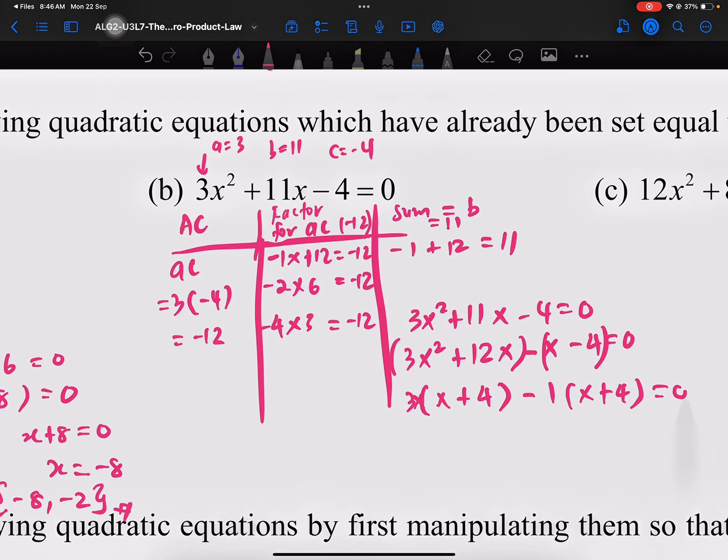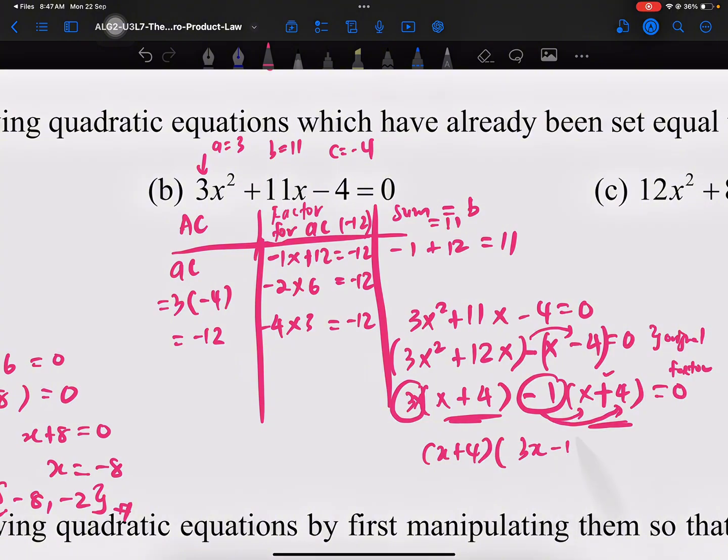Why this plus? Because I need to keep the original sign as minus. So if I take out minus 1 multiplied by 4, it is minus 4. So look at it carefully, and you need to know this is your original, and this is after you factor out negative 1. Okay, then your solution will be, this is the same common bracket, so x plus 4, and then this is the other factor, 3x minus 1 equals 0.